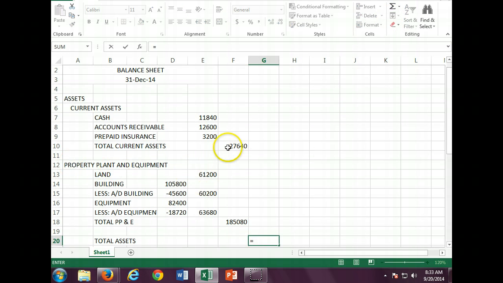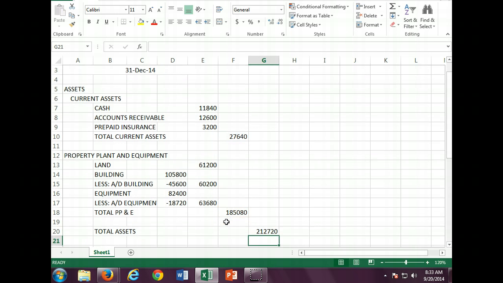Again, everyone has different ways of doing it, but the key is that you spell out and break down the various classifications of the balance sheet. Okay, so there are our total assets.